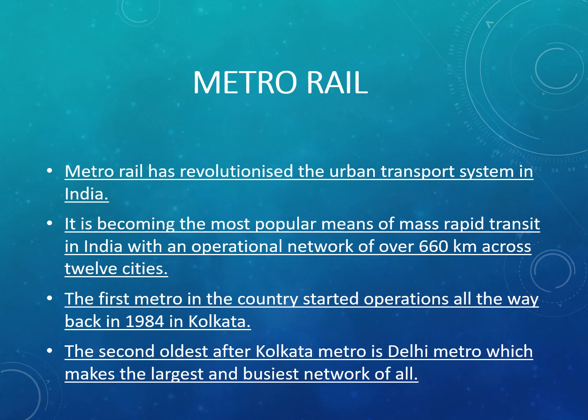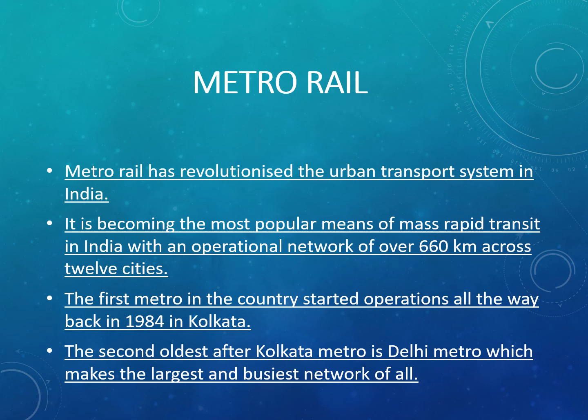The first metro in the country started operations all the way back in 1984 in Kolkata. It is also the only metro rail network that is controlled by the Indian Railways. All others are operated by autonomous local authorities.